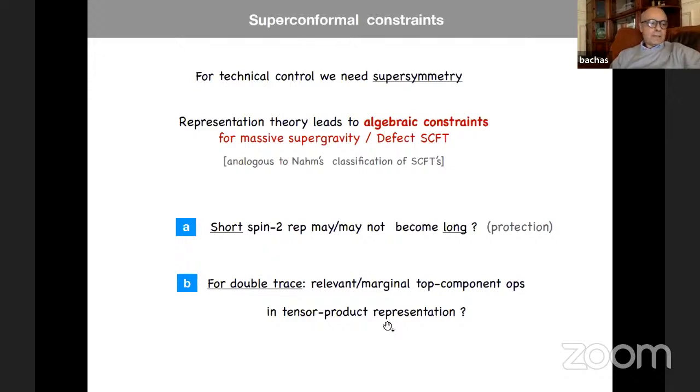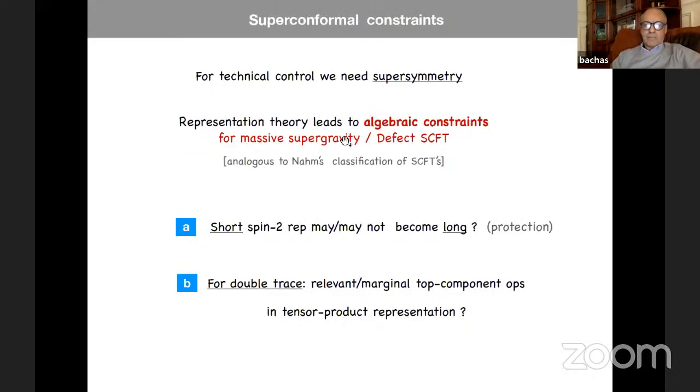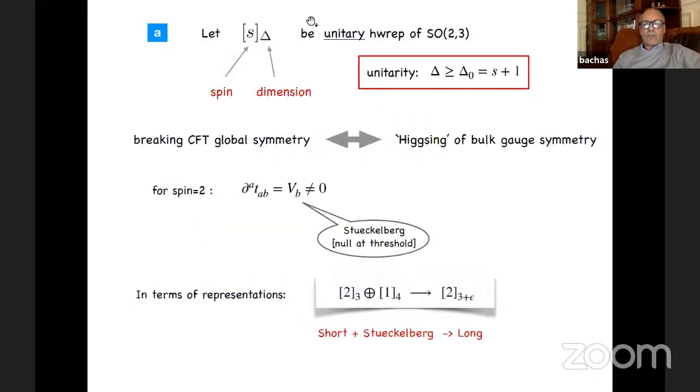So it's a straightforward thing to try to see what this tells you. And here, let me say very little about representation theory. So this will be quick, but essentially, if we stay with 4 dimensions, the conformal group is SO(2,3). A unitary highest weight representation of this is described by spin and scaling dimension, S and delta.